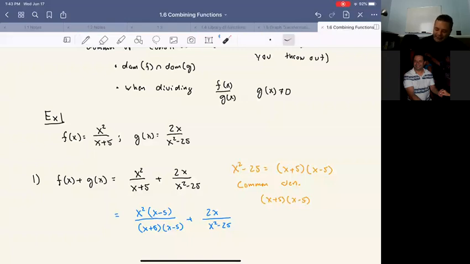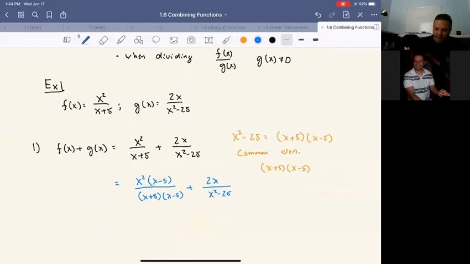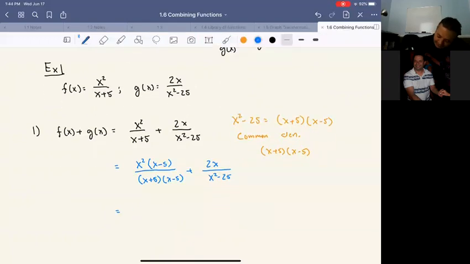Now, since I have the same denominators, I can just add the numerators. I'm going to get x cubed minus 5x squared plus 2x over x squared minus 25. So that's f of x plus g of x.